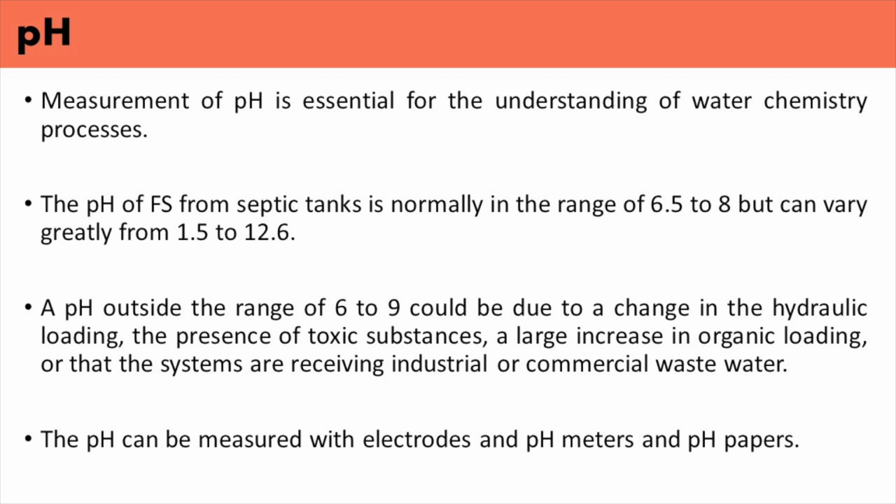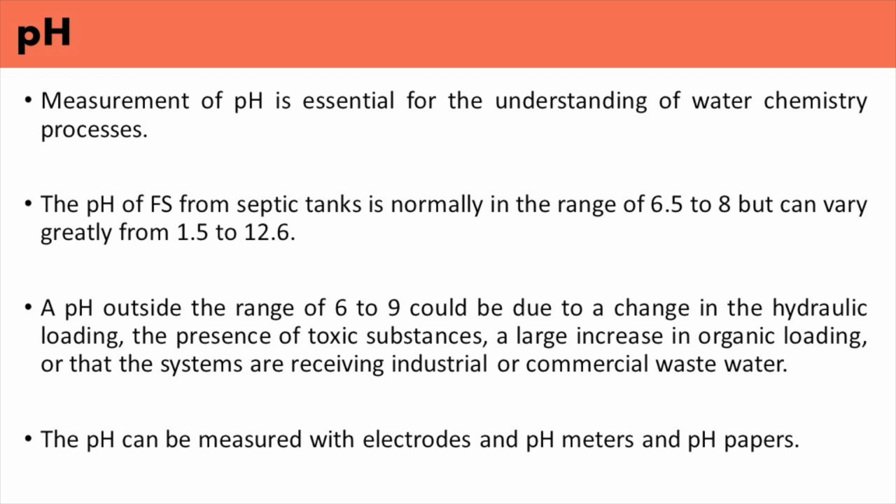The pH of fecal sludge from septic tanks is normally in the range of 6.5 to 8, but it can vary greatly from 1.5 to 12.5. A pH outside the range of 6 to 9 indicates an upset in the biological process that inhibits anaerobic digestion and methane production.